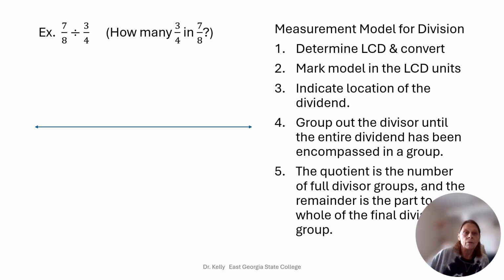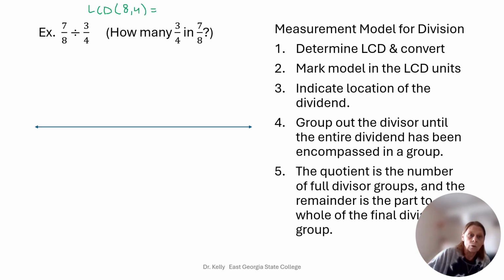Now, the first thing you should do with the measurement model is determine the LCD and convert both of your fractions. Okay, and I went over LCD in the last video. I will remind you again how to find the LCD. We're finding the LCD of 8 and 4.